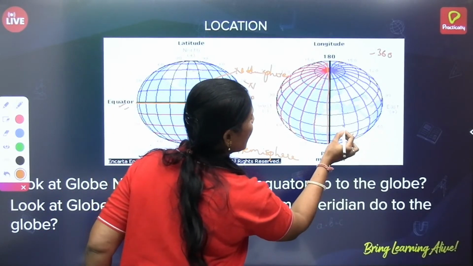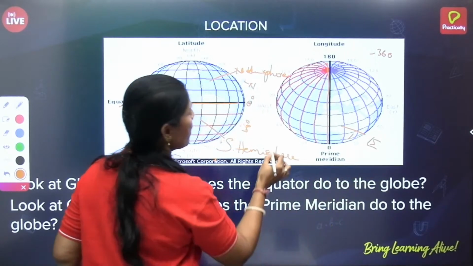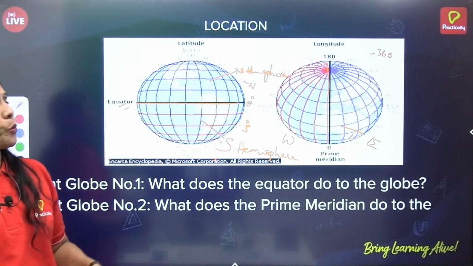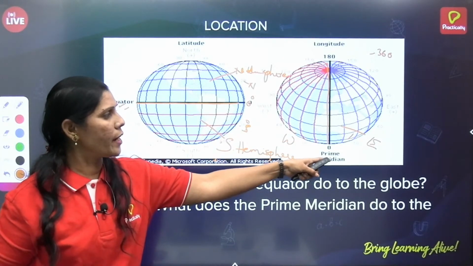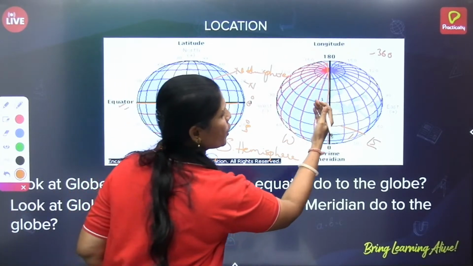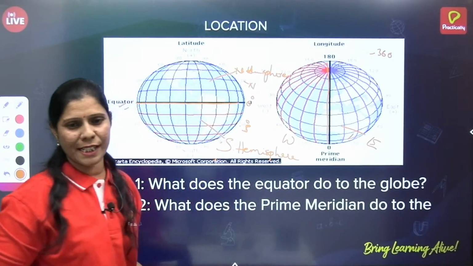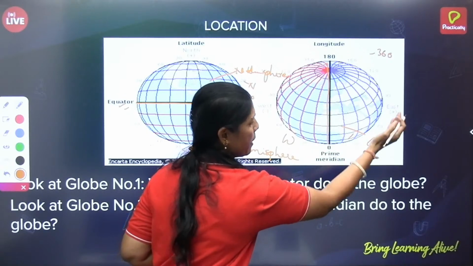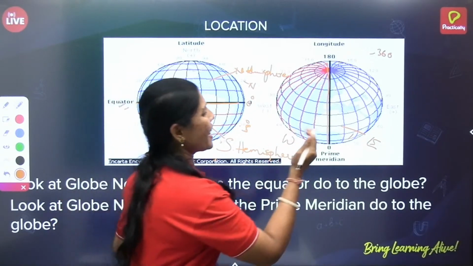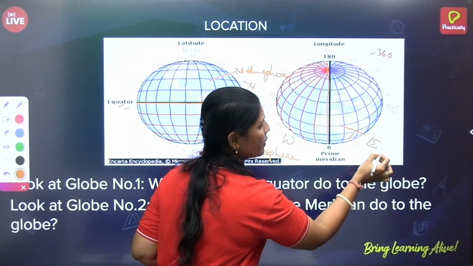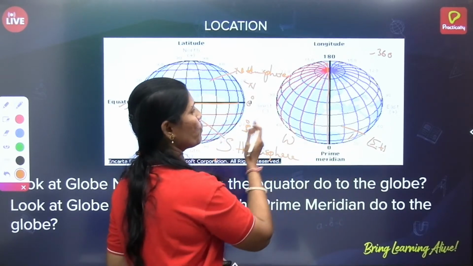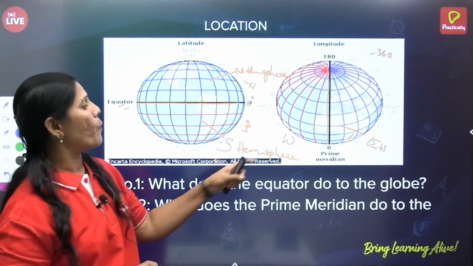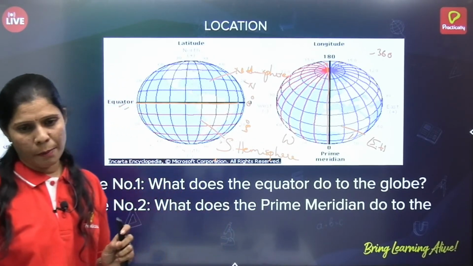You see this is the eastern hemisphere and this is the western hemisphere. The places located towards this side after the prime meridian we call eastern hemisphere places, and the places towards the west side we call western hemisphere places.